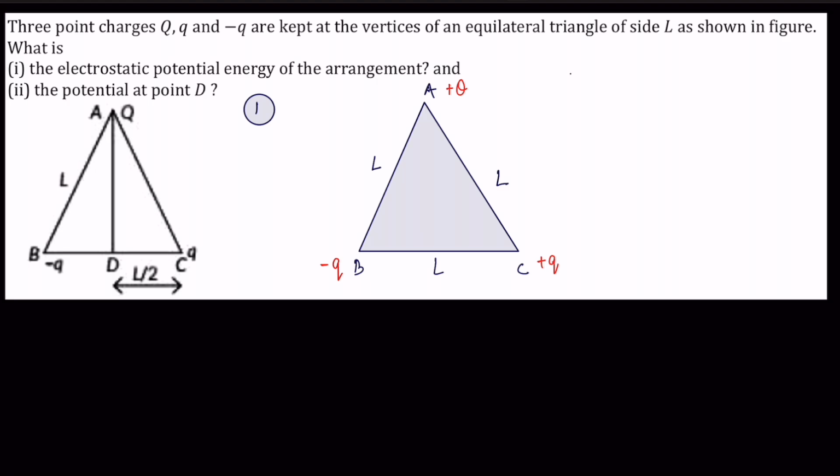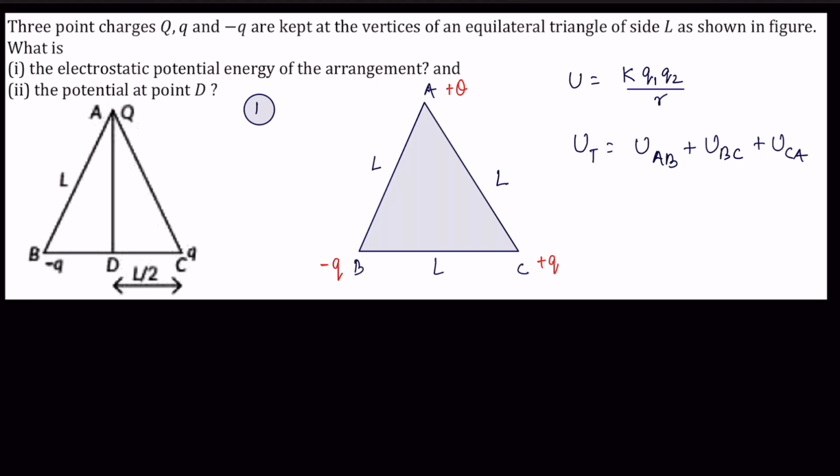So we know that the potential energy of two charges is equal to K Q1 Q2 by R. So if we have to find the total, it is equal to the energy of AB plus BC plus CA.